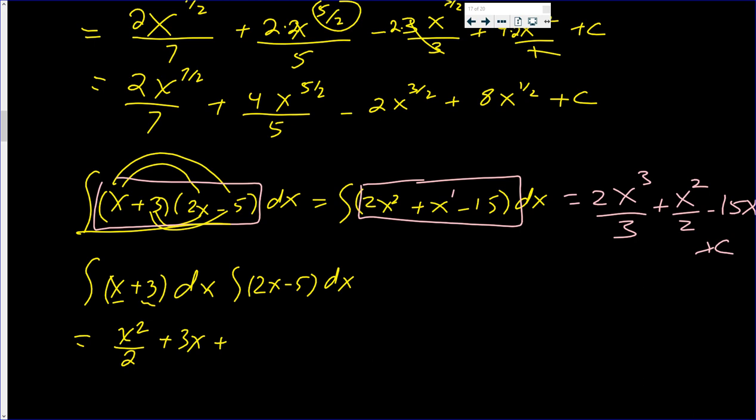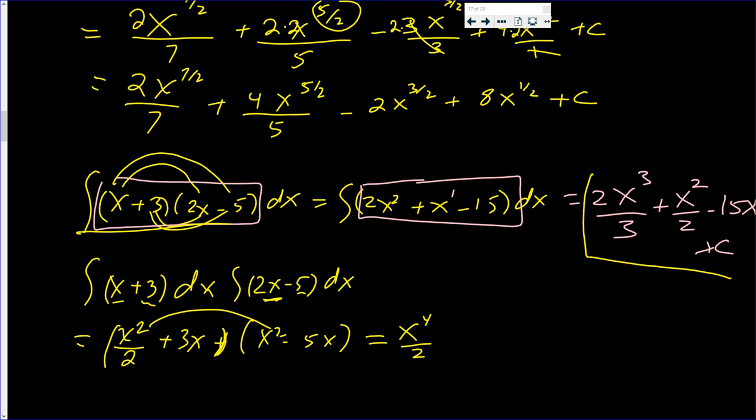Or maybe you only put the constant at the end. Let's not complicate it. It's not going to work anyways. The integral of 2x is x squared, minus the integral of negative 5, which is negative 5x. Now, the thing is, when you multiply this, you're going to get an x to the 4th over 2. And already I can see that's wrong.